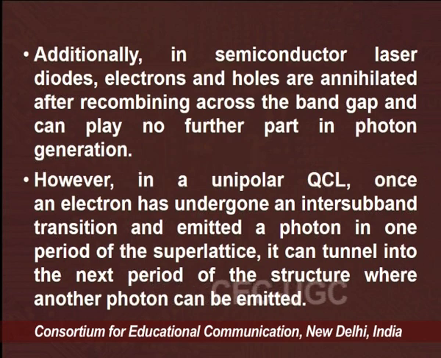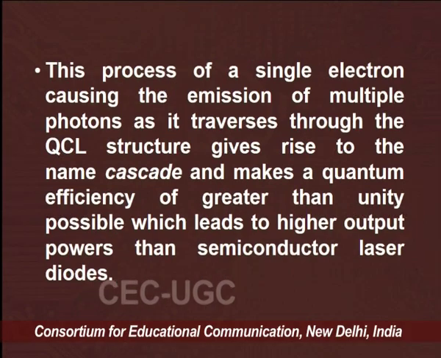However, in the unipolar QCL, once an electron has undergone an intersubband transition and emitted a photon in one period of the superlattice, it can tunnel into the next period of the structure where another photon can be emitted.